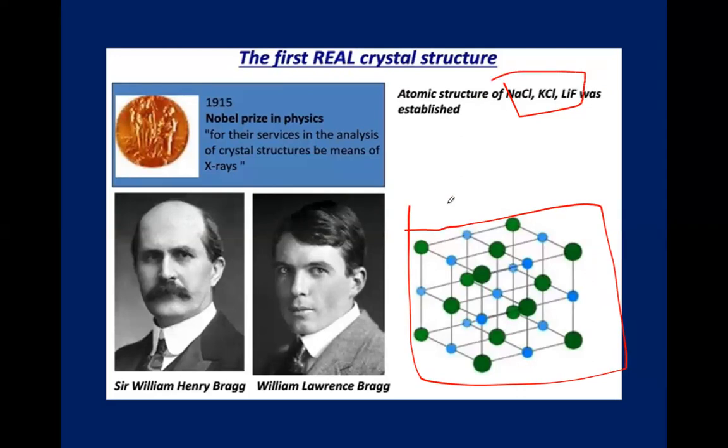You can see here all three axes are equal, so sodium chloride belongs to the cubic system. Likewise, crystal shapes were first discovered, and they won the Nobel Prize for this task.